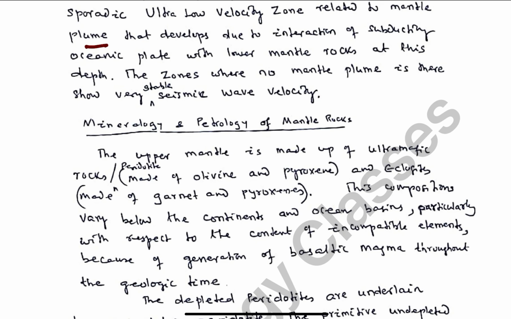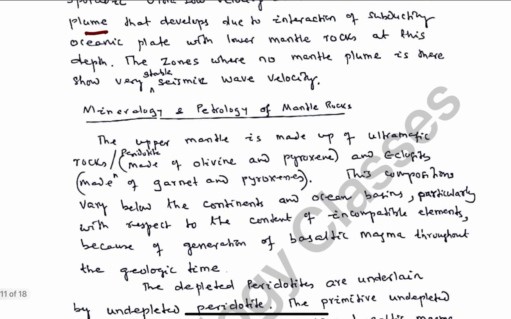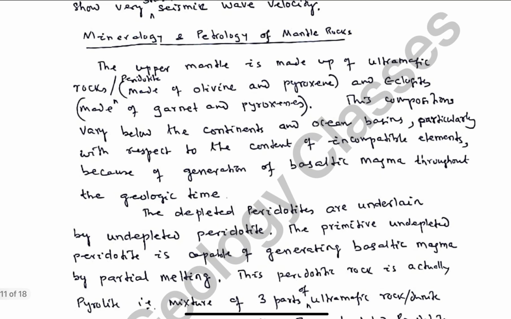There has been polymorphic transformations. Composition remaining same, they have been made more dense, more compact. The structure continued to become cubic or the spinel structure, which is dense structure, as a result of which the seismic wave velocity is found to increase with depth.